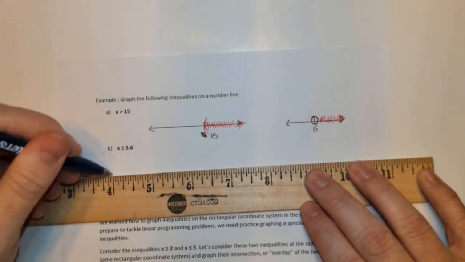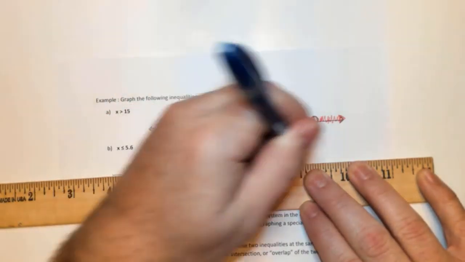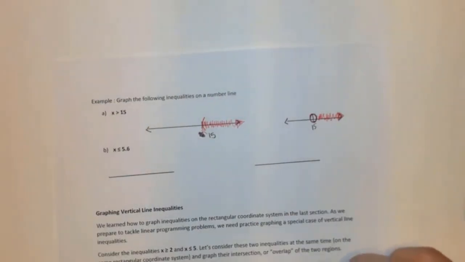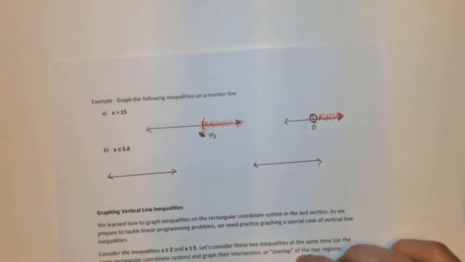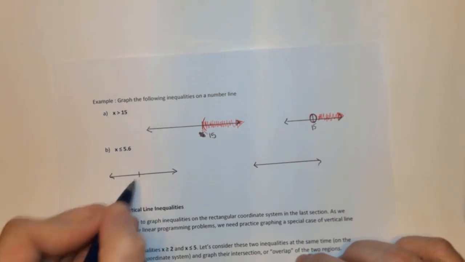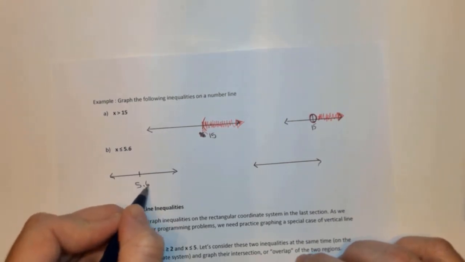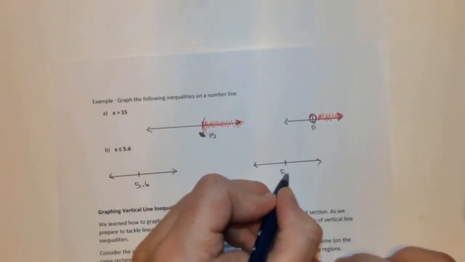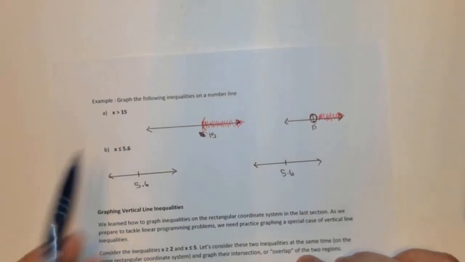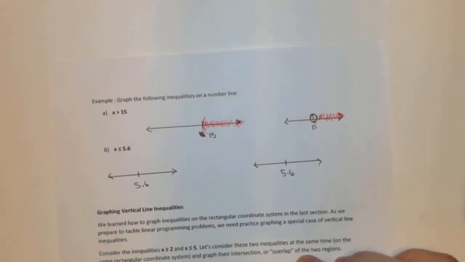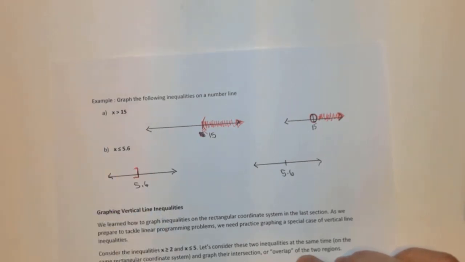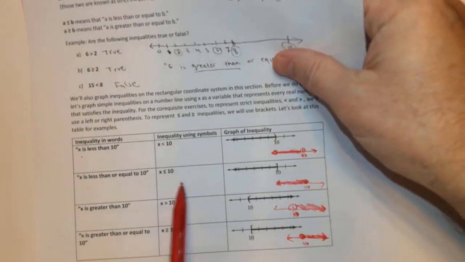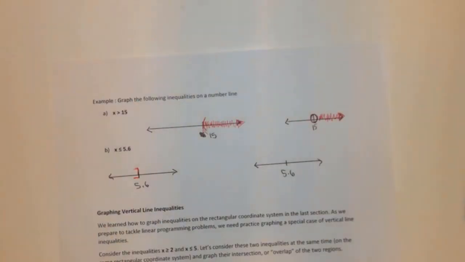I'll do this both ways again for you, just to illustrate, it's the same thing you learned in high school. All right, so 5.6, less than or equal to means we're going to shade to the left. It's the equal to, so we have a bracket. Again, I'm just referring to my chart. If it's less than or equal to, we have a bracket to the left.